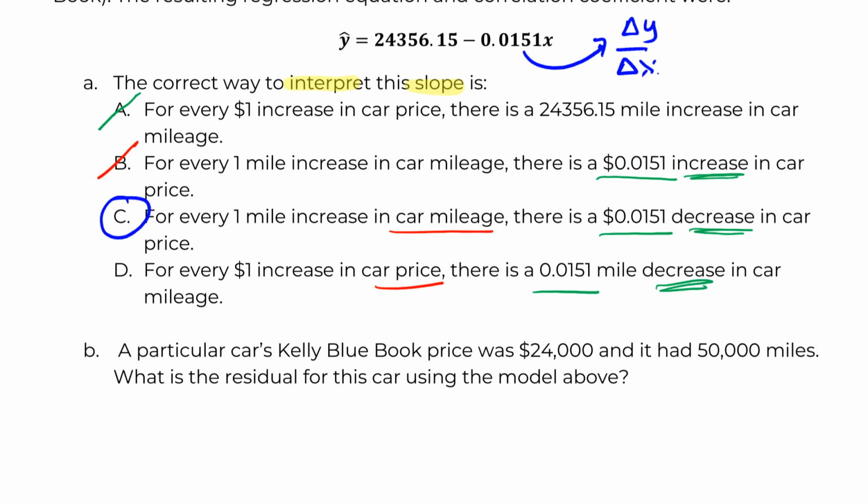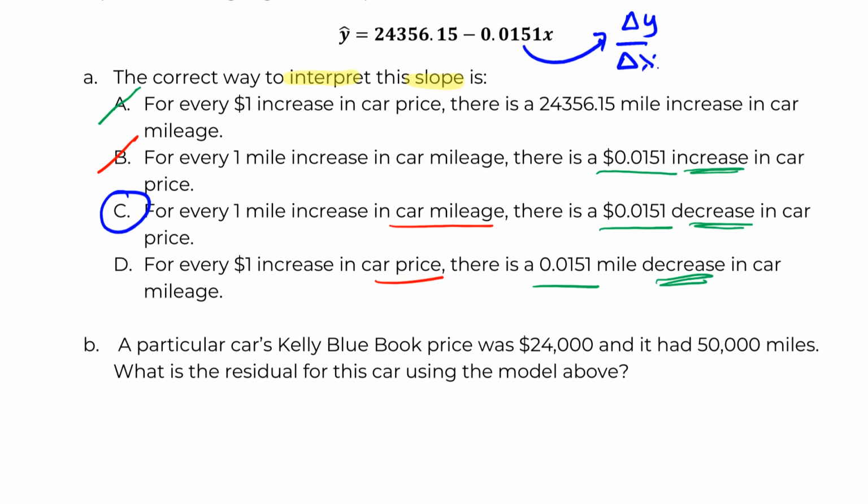All right, so our last question says that a particular car's price was $24,000 and it had 50,000 miles. What is the residual of this car using the model above? We are looking for the residual, which we need to remember is the little error, right?